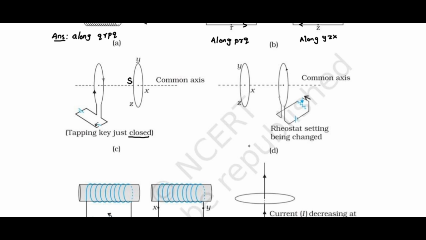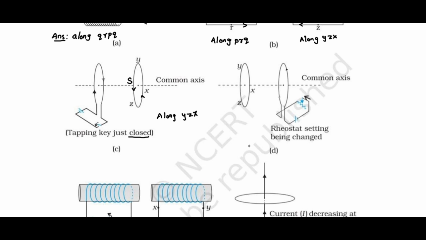So the induced current should flow in a clockwise sense when seen from the left in the right loop, so as to oppose growth of the current in the left loop. Hence, the induced current flows along YZX, like this.